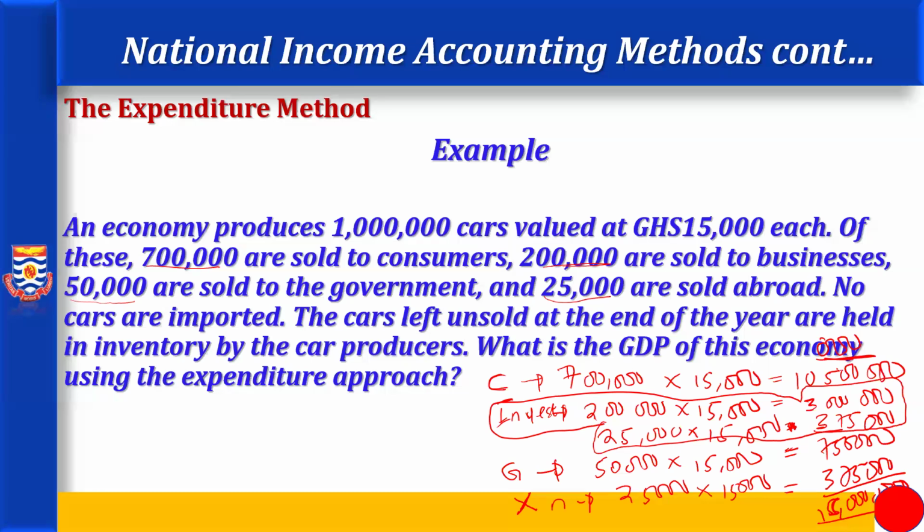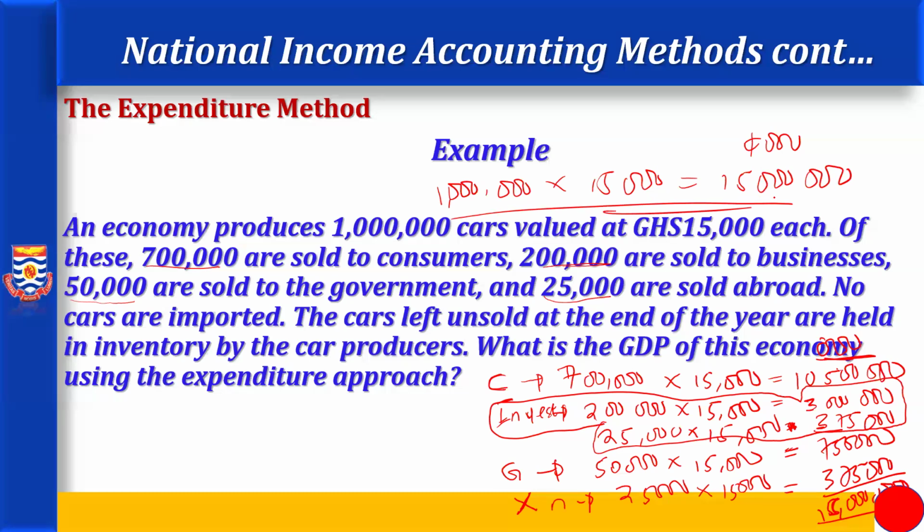If we were to use the output approach, it would have been simpler. The output approach would just be 1 million cars times 15,000. Again, if I take off the three zeros, you just get the 15 million directly. This is the output approach. Simple.